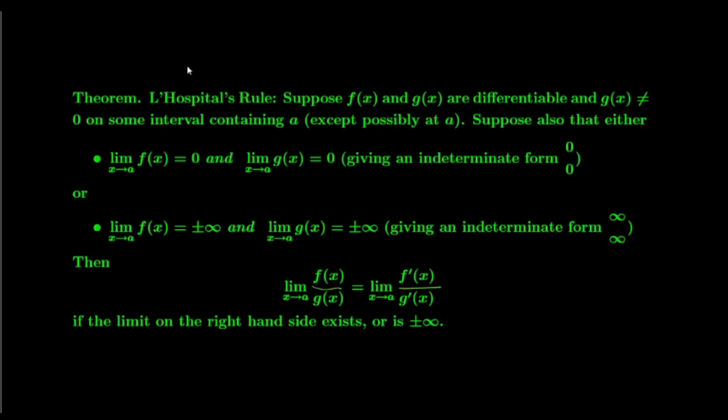Again, to use the formula, all we need is to verify one of the two conditions, because the connection here is OR. So basically, you just need to convince yourself the limit on the left-hand side is an indeterminate quotient. The first one says it's an indeterminate quotient of type 0 to 0.